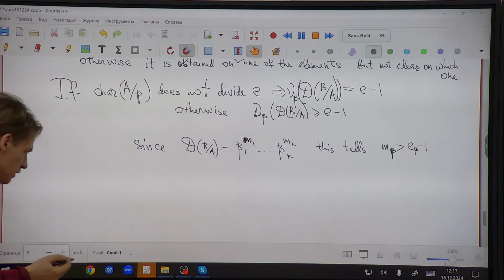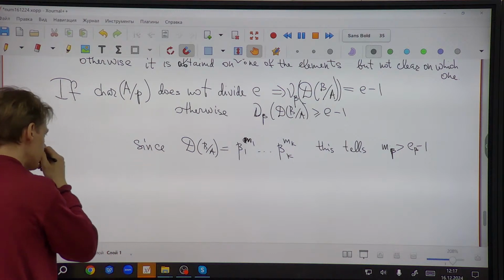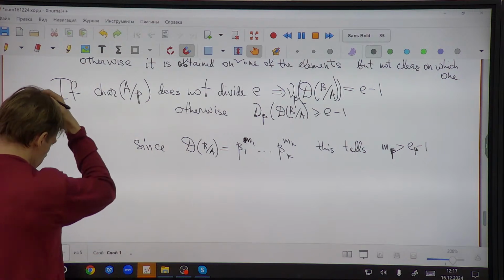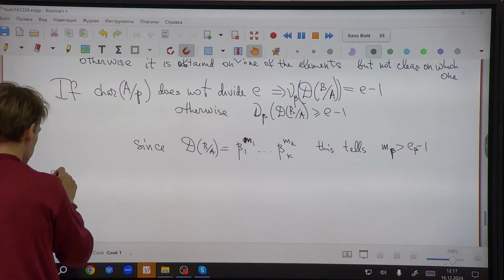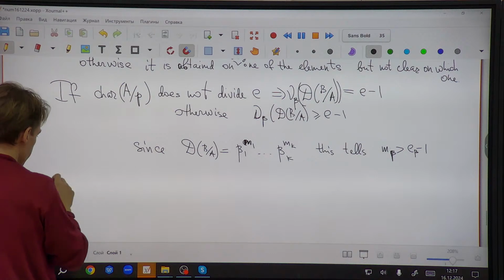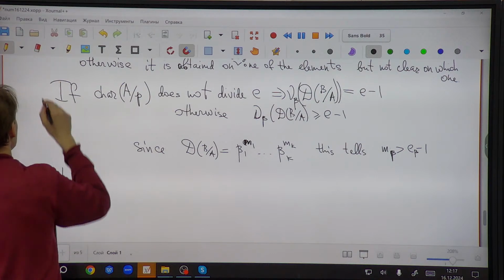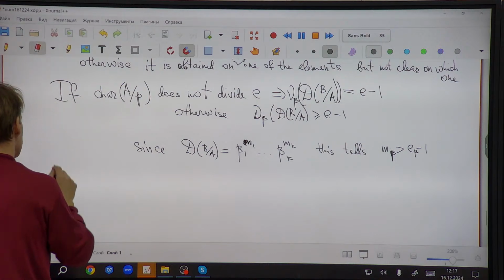So let me speak now about this. How can we generate B over A as an algebra?